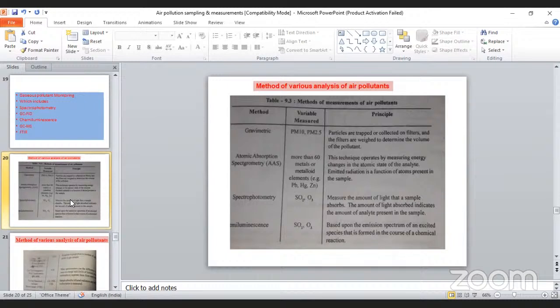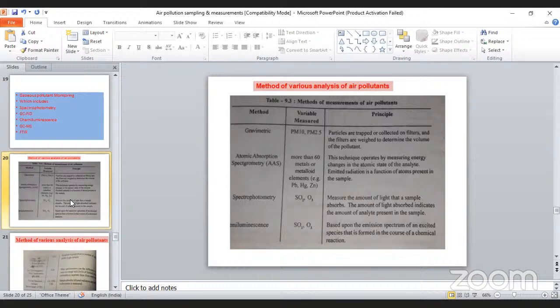And the last one is chemiluminescence, which is also useful to find out sulfur dioxide and oxides like ozone. The principle based on this method is the emission spectrum of an excited species that is formed in the course of a chemical reaction.